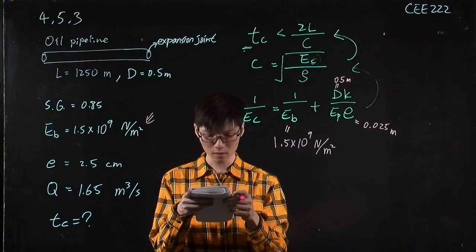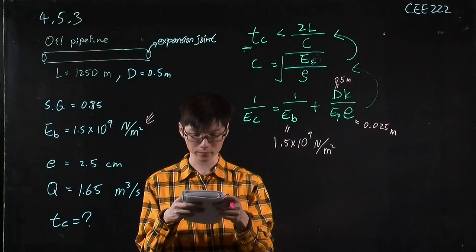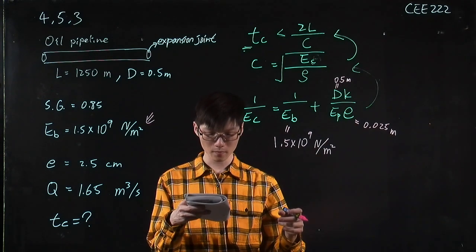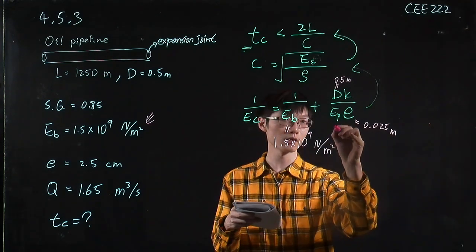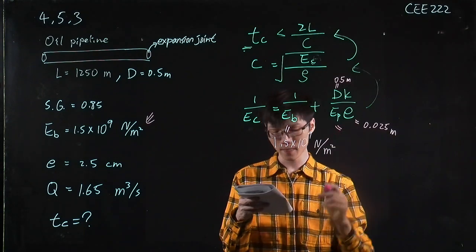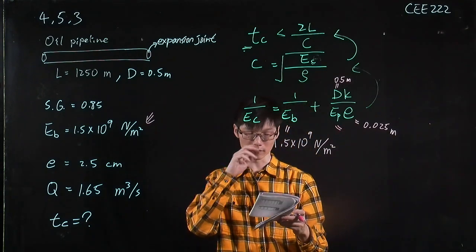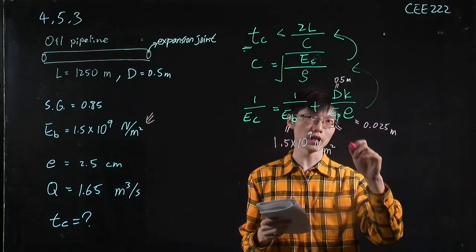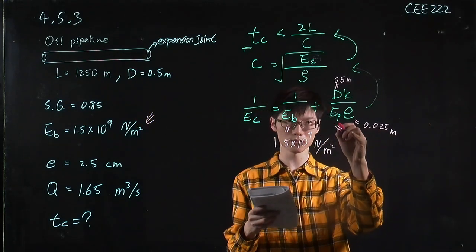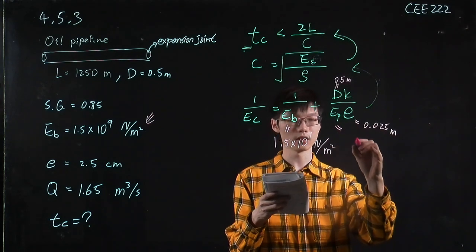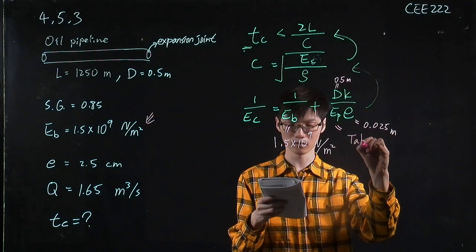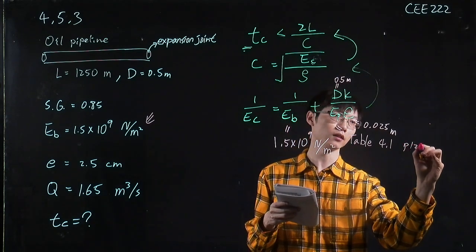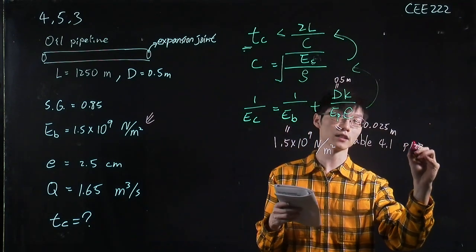And the EP, this is the modulus of elasticity of the pipe material, which is steel pipe, and you can get this value from table 4.1 on page 128.